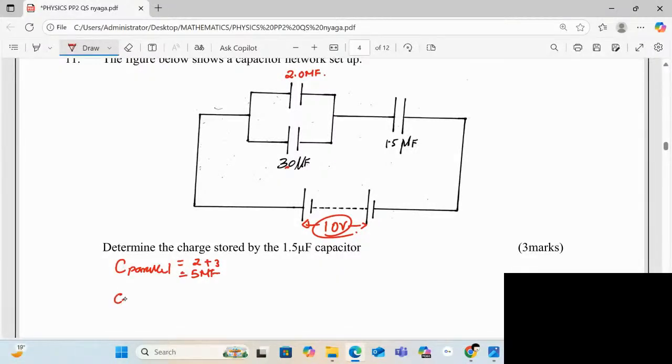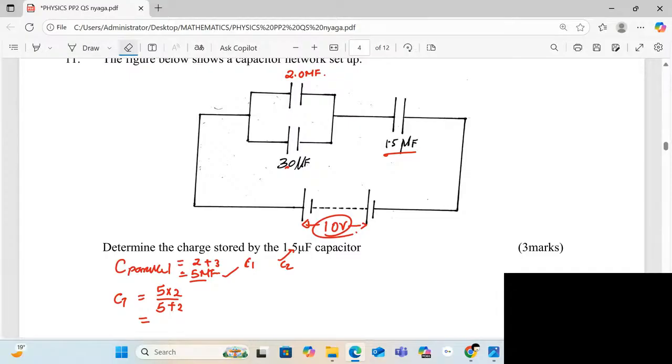Now C total will be given by an effective 5 microfarad in series with the 1.5 microfarad. If we pick this one to be C1 and this one to be C2, then you can say C1 times C2 over C1 plus C2.